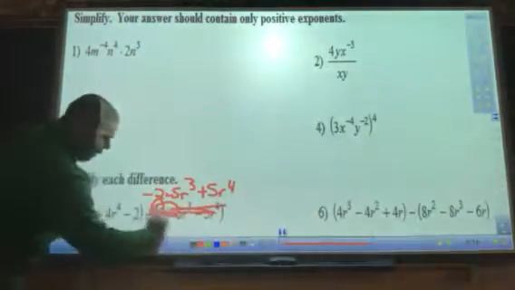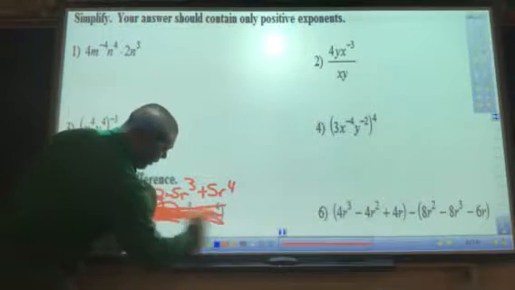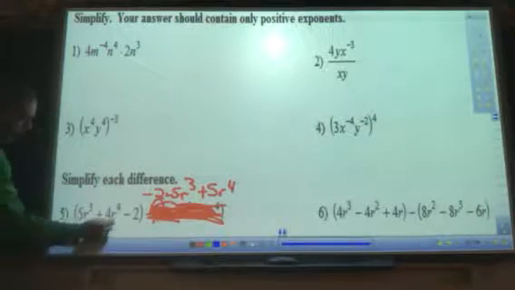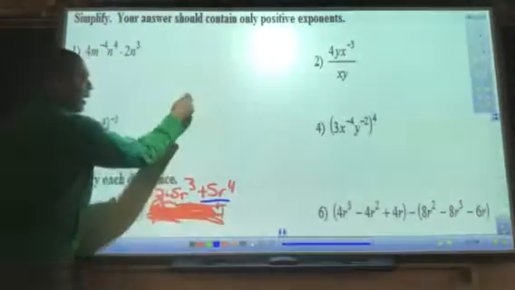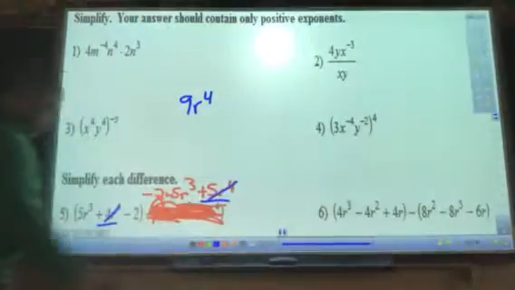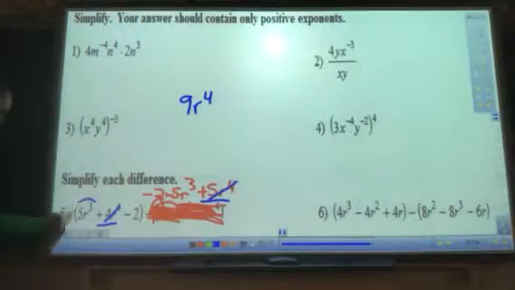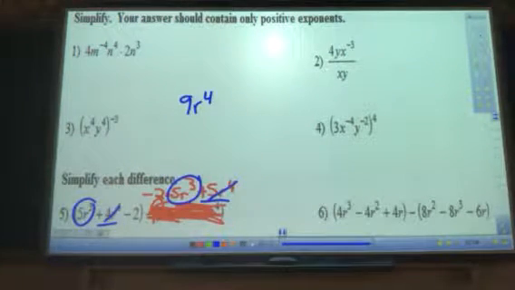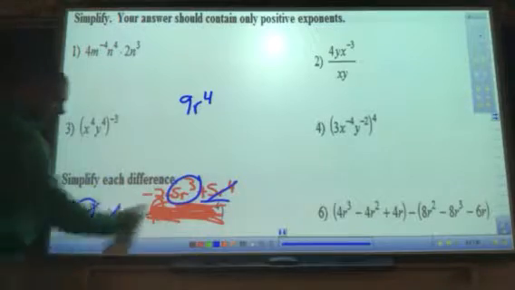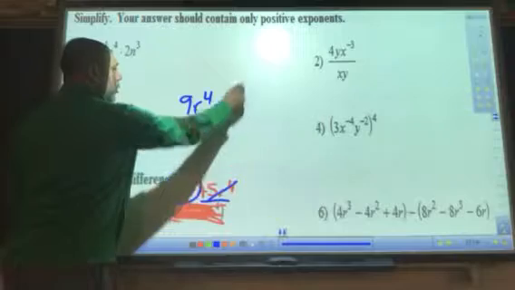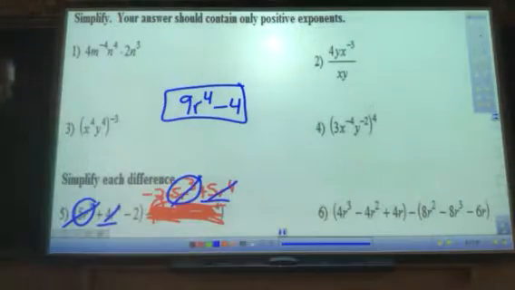I have to do that first, then I can try to add up my like terms. So my r to the 4th, 4 plus 5 is 9, r to the 4th. Those are done. My r to the 3rds, 5r to the 3rd plus negative 5r to the 3rd is 0. Those are gone. And then finally I have negative 2 minus 2. That would be negative 4. Okay? And I'm done.